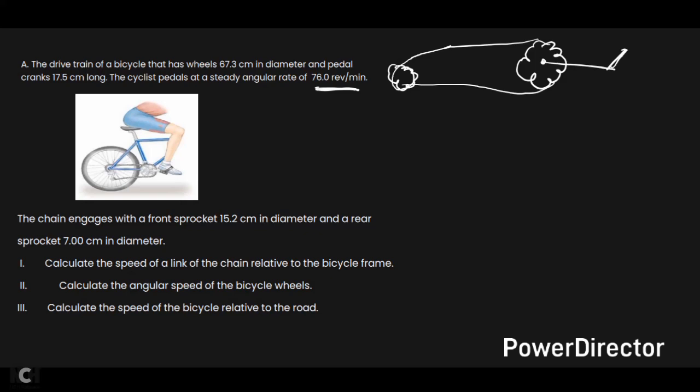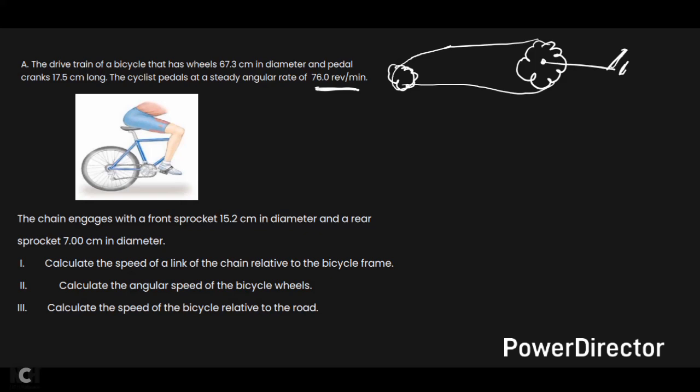So meaning that the chain was also moving relative to the pedal that was moving at this rate. So how are you going to calculate the speed of the chain, right? So in this situation, what exactly was moving the chain? It is this front sprocket.